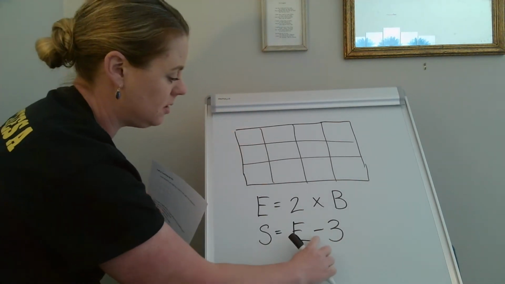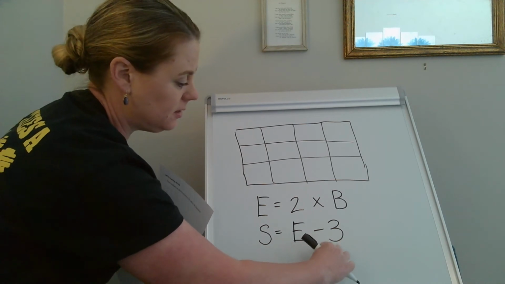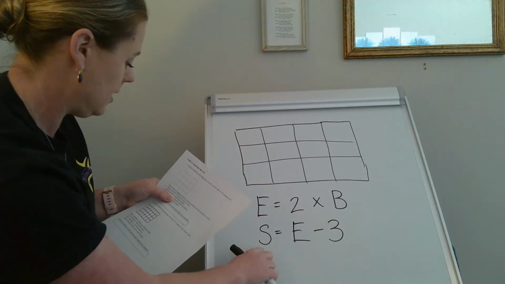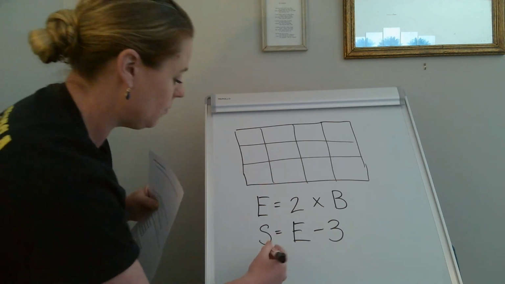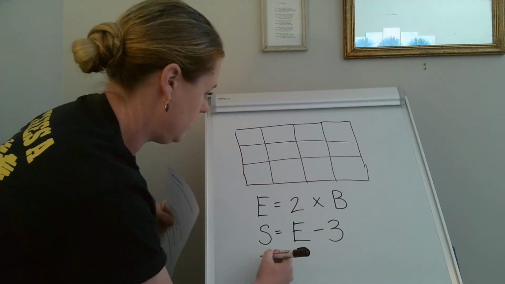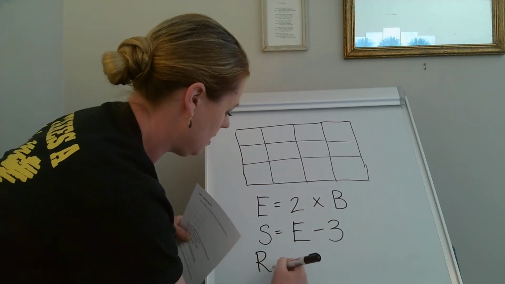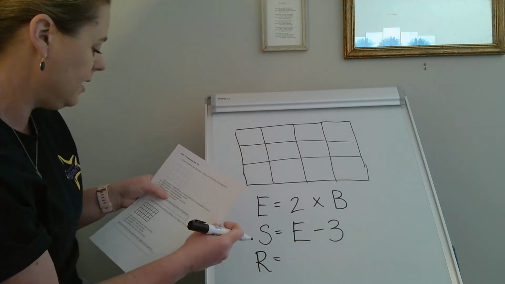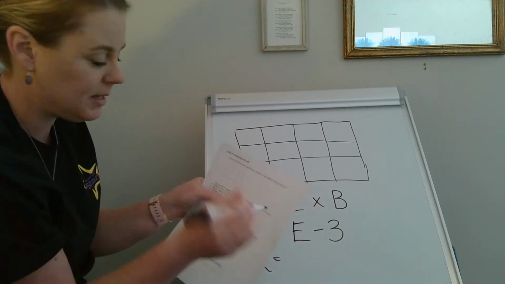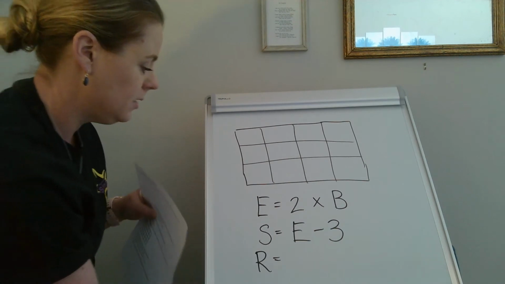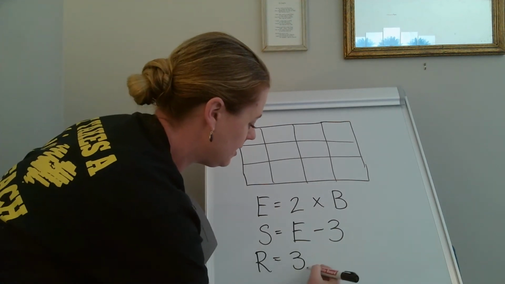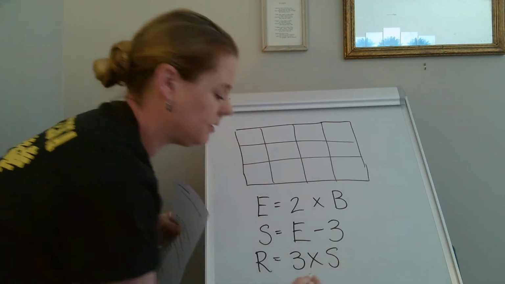So Esther minus 3. This is 3 less than Esther. So that's Sarah. And then Rachel paints 3 times as much as Sarah. So 3 times Sarah.